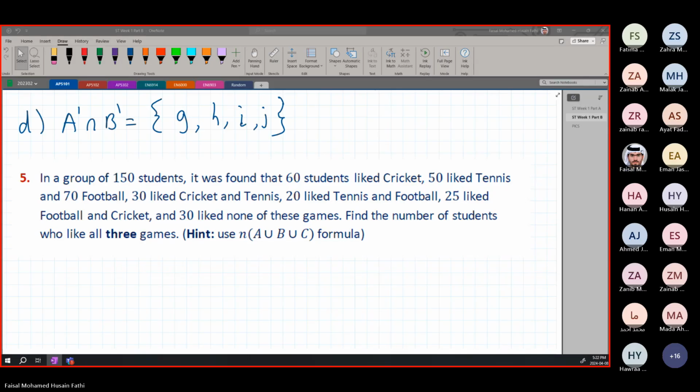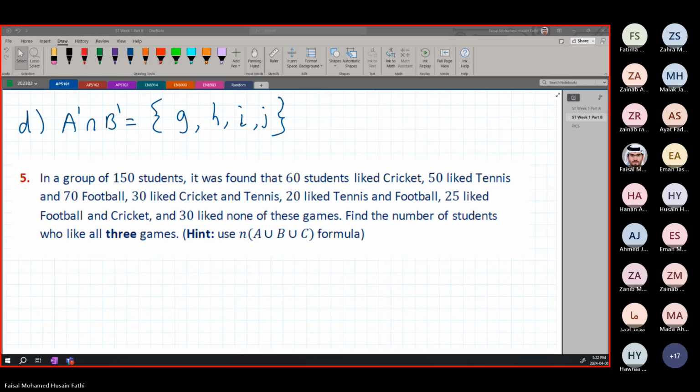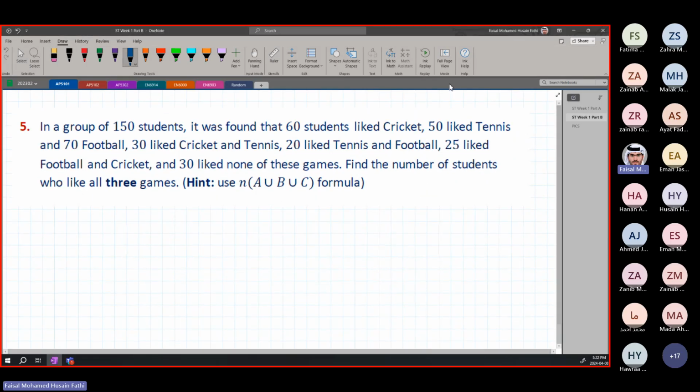Now, in a group of 150 students, it was found that 60 students liked cricket, and then 50 liked tennis, 70 football, 30 liked cricket and tennis, 20 liked tennis and football, 25 liked football and cricket, and 30 liked none of these games.